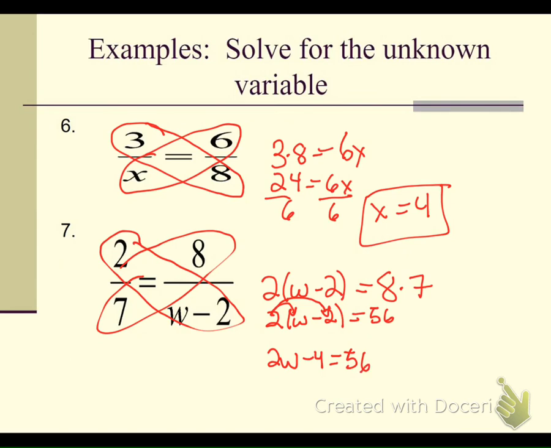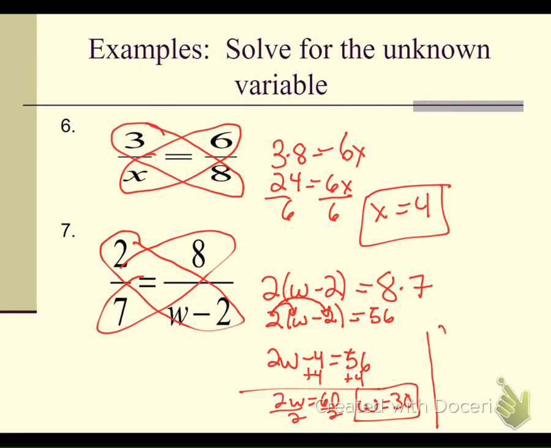And then now we're just going through the same steps to try to get our w by itself. So what's the first thing that I have to undo? Add 4. That was very quick. Nice job, guys. We end up with 2w equals 60. What's my last step? Divide by 2. W equals 30.